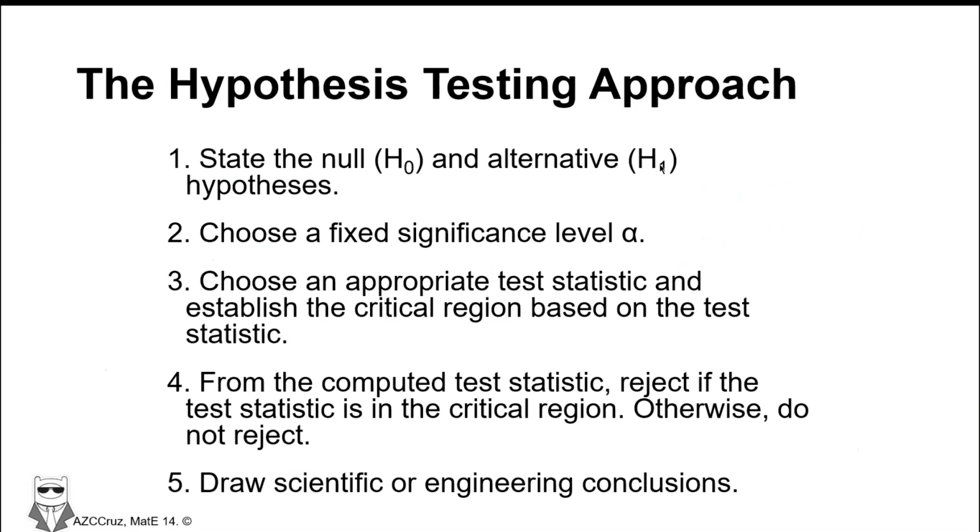So kaya siya naka H sub 1 kasi pwedeng magkaroon ka ng H sub 2, H sub 3, etc. depending on the statistical test that you are doing, no? So for example, if it is kunwari multiple way ANOVA ka, then you can have multiple alternative hypothesis, no? Pero for etong simple lang na hypothesis testing na gagawin natin today, isa lang yung magiging alternative hypothesis natin.